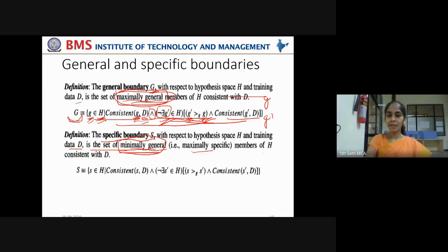So, maximally specific members of H consistent with D. And how is the specific boundary set defined?